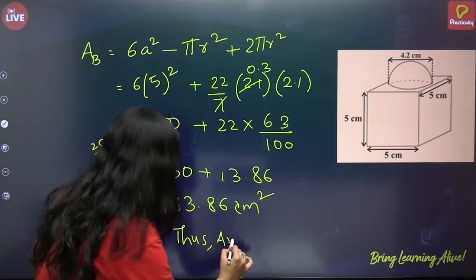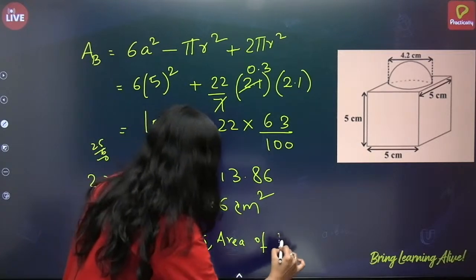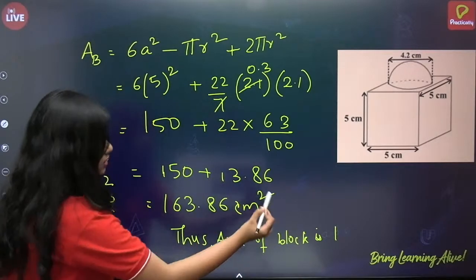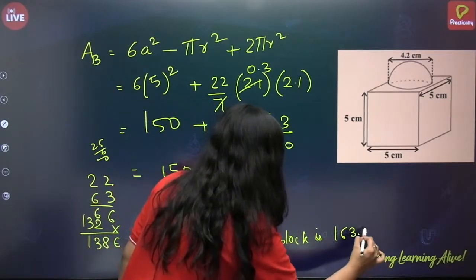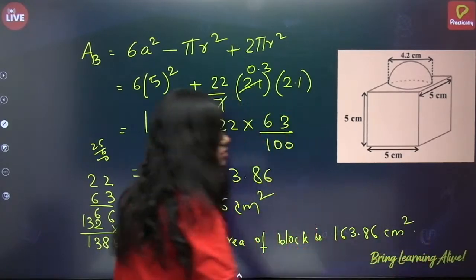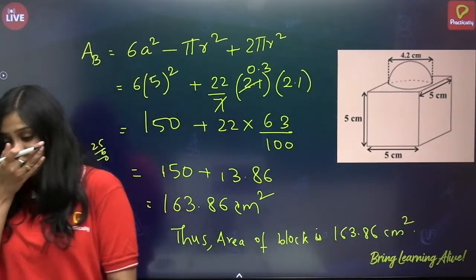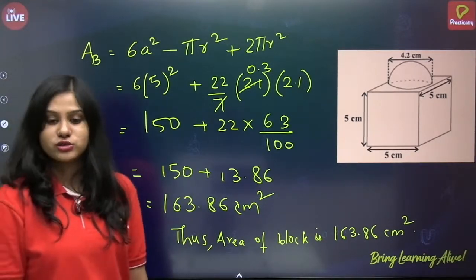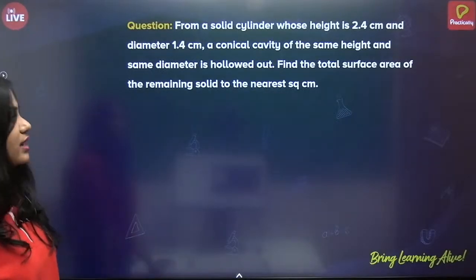Thus area of the block is 163.86 square centimeters or centimeter square. Also be sure of the units you mentioned. Okay. Let us go with next question.